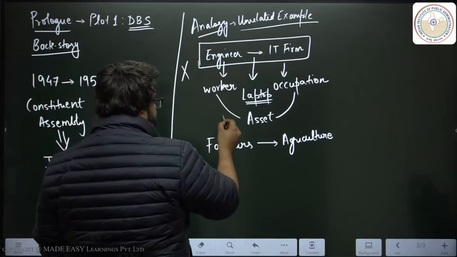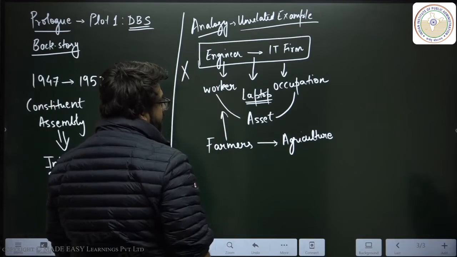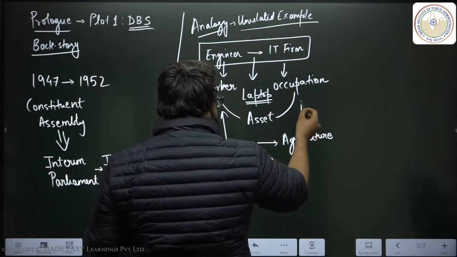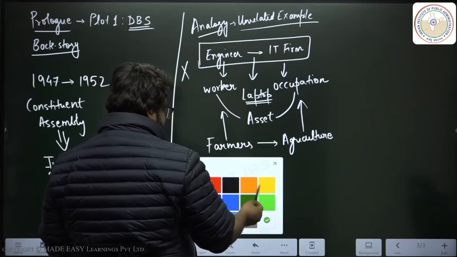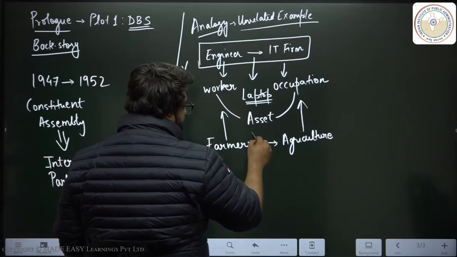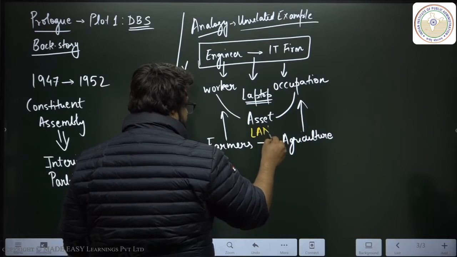So here also, the farmer is the worker, agriculture is the occupation, and the difference here is that your asset now becomes land.